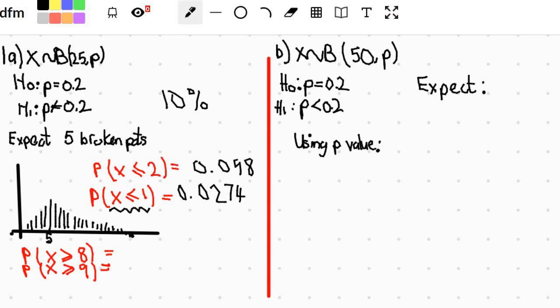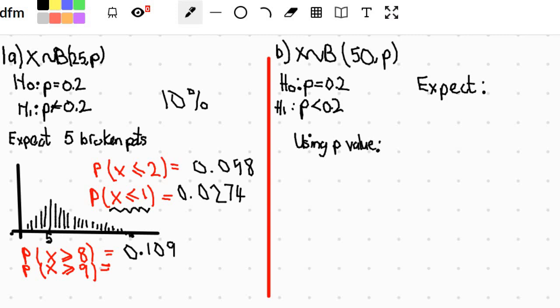X greater than or equal to 8. So on my calculator, I've done probability x less than or equal to 7 was 0.891, and I'm going to take that away from 1, which gives me 0.109. Okay, so that's above 10%, so that's too high.